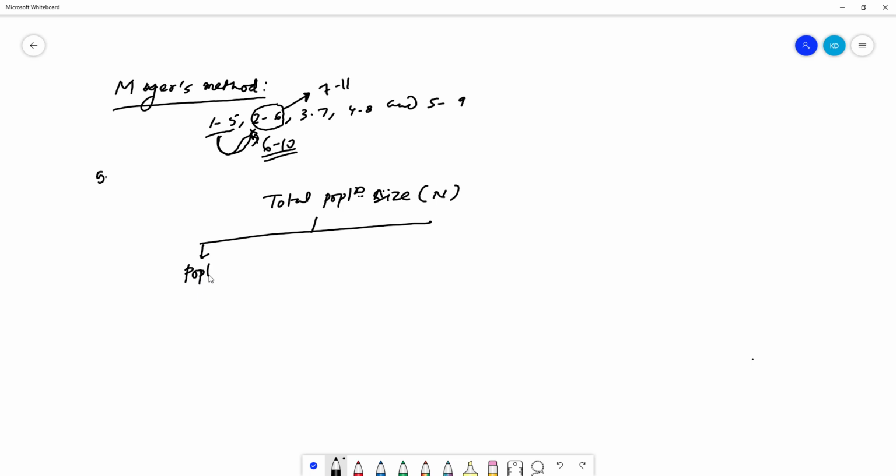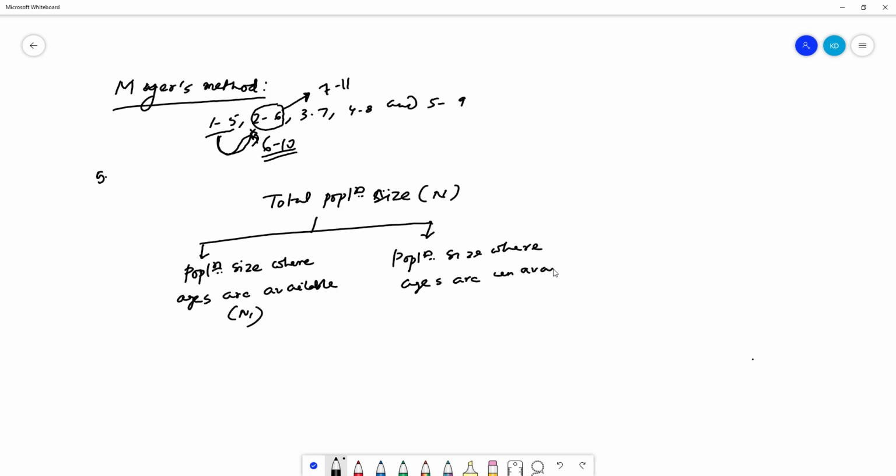Population size where ages are available, we denote this subpopulation by N1, and population size where ages are not available, and we denote this by N2. Now note that N equals N1 plus N2.